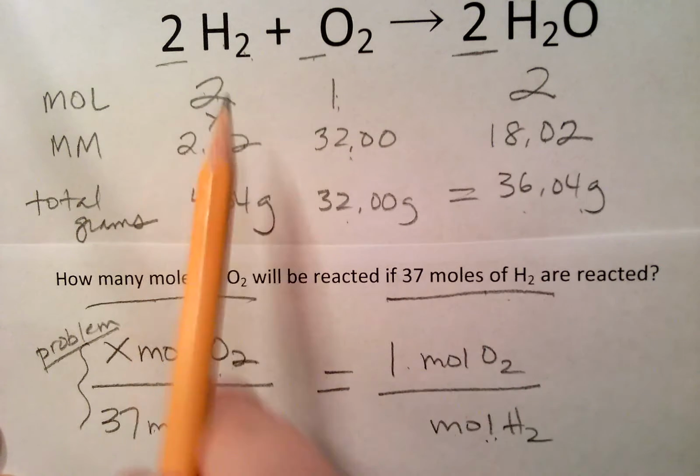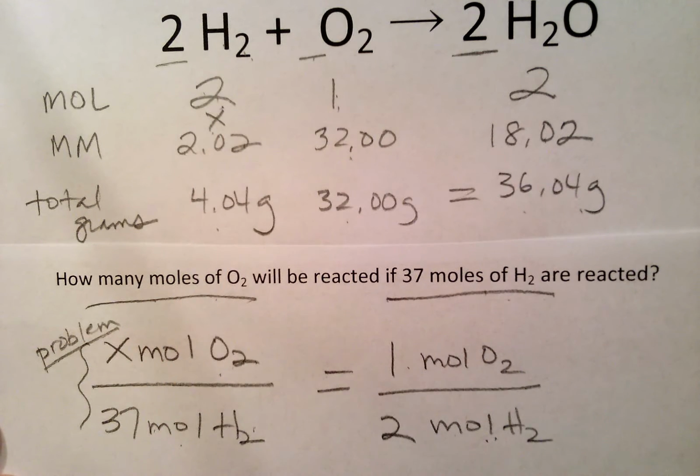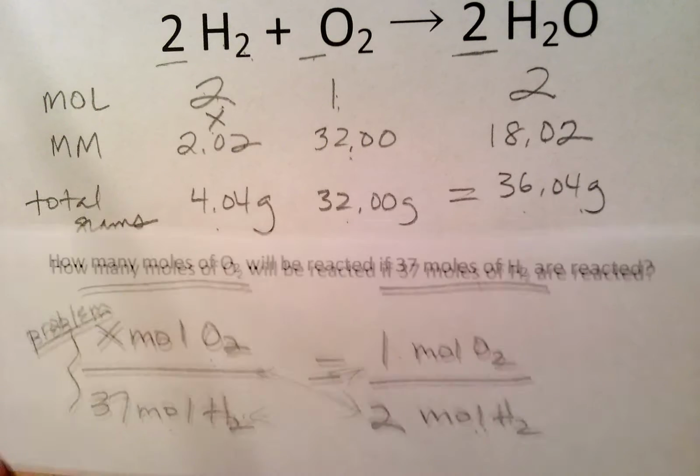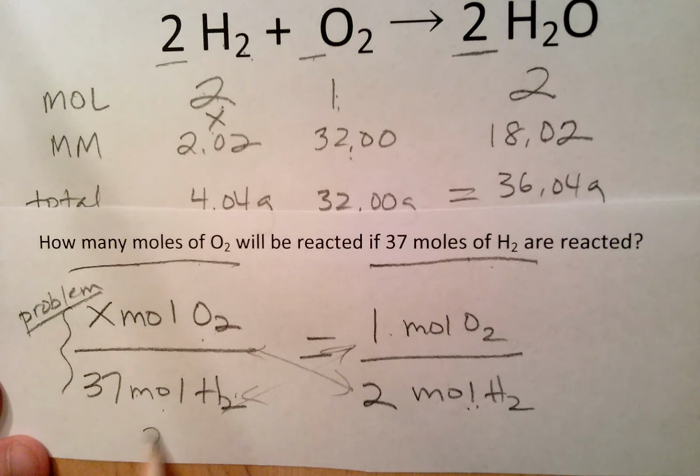And now, if you remember from basic math, we just cross multiply. We set them equal. So we have 2x equals 37 times 1. If you solve for x, you get 18.5. Now, what are the units of this?